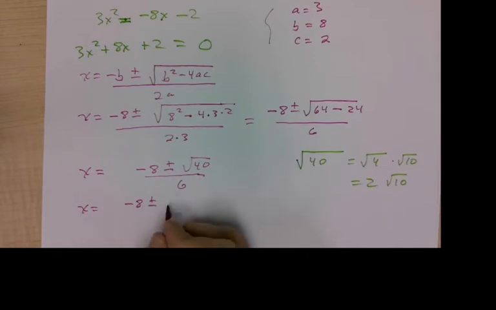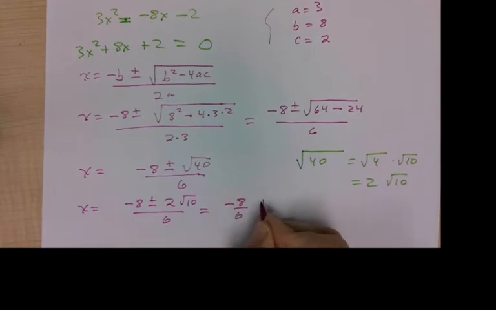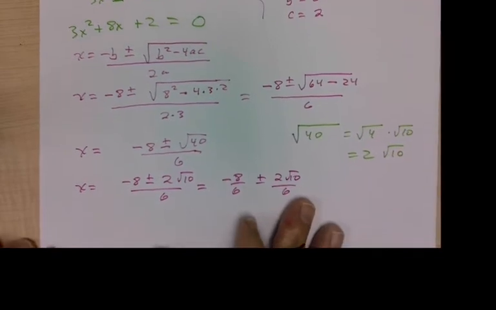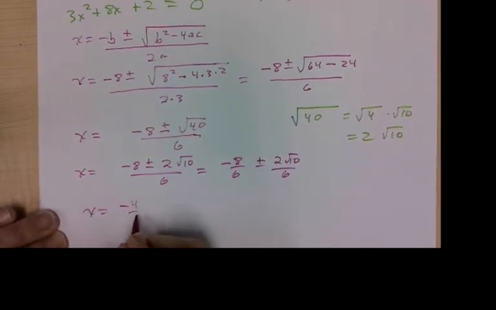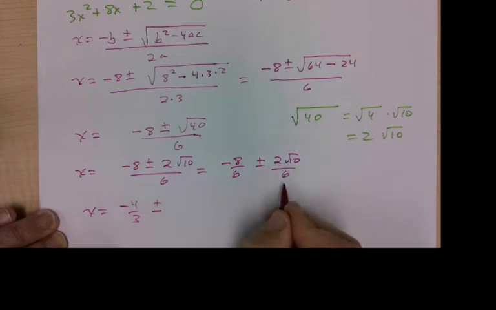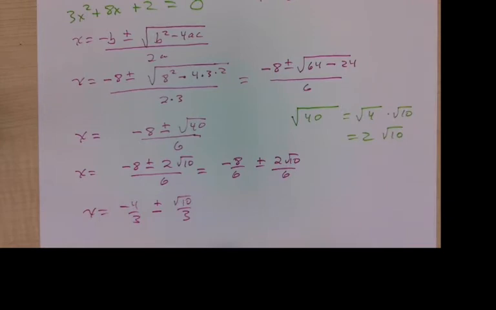So knowing that, I get x equals negative 8 plus or minus 2 root 10 over 6, which is negative 8 over 6 plus or minus 2 root 10 over 6. And then I get x is negative 4/3 when I reduce that fraction. Plus or minus 2 over 6 becomes 1/3 root 10 over 3.